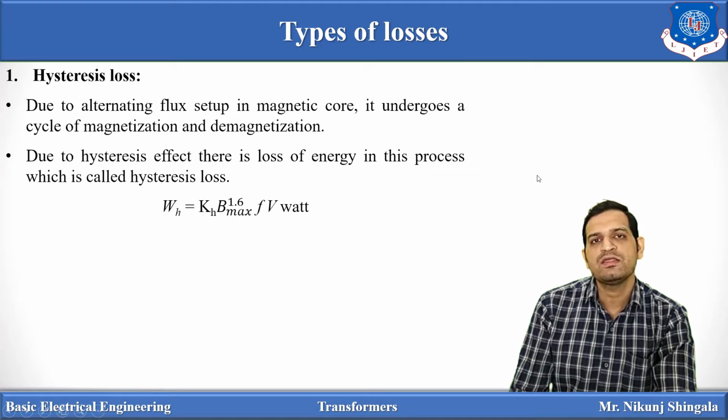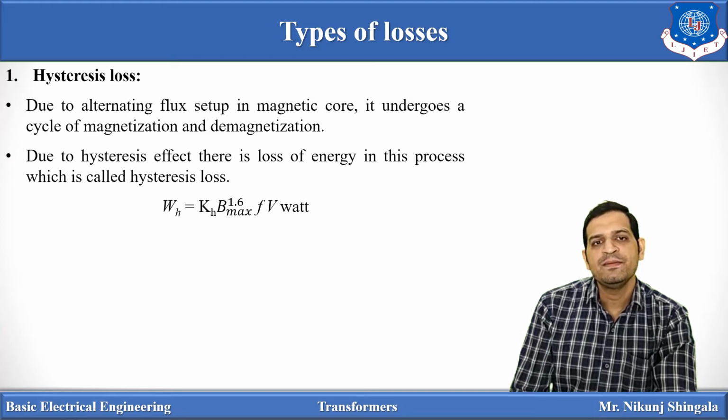Now hysteresis loss is given by the equation WH is equal to KH Bmax raised to 1.6 into F into V watt. Here KH is a constant, a hysteresis constant, that depends on the type of material. Bmax is the maximum flux density, F is the supply frequency, and V is the volume.